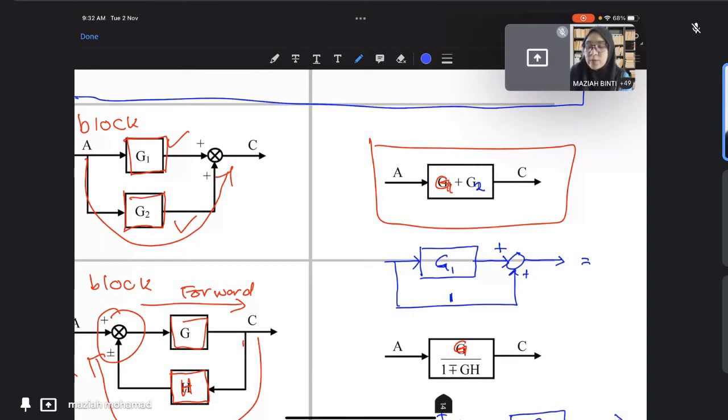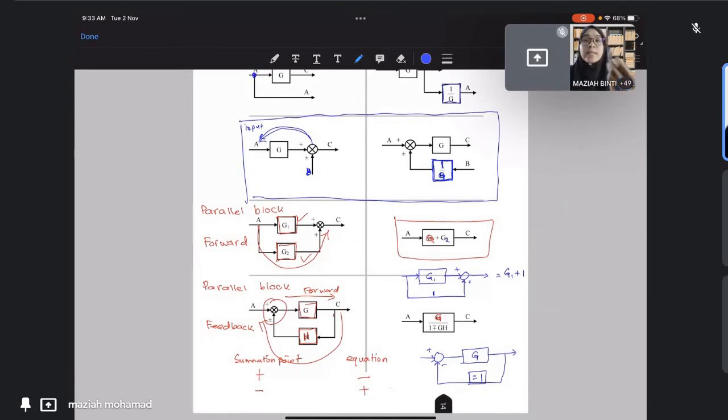So therefore the combination will become G1 plus 1, because G2 is equal to 1. So for any line, the transfer function or the gain for the line is equal to 1.